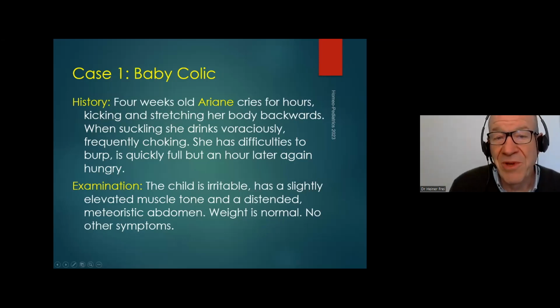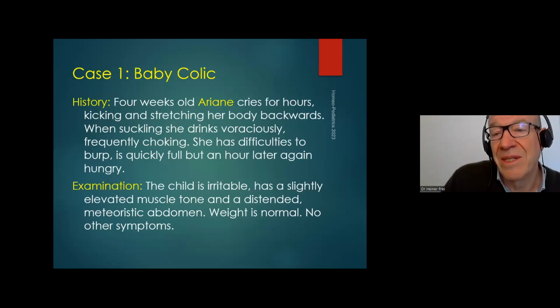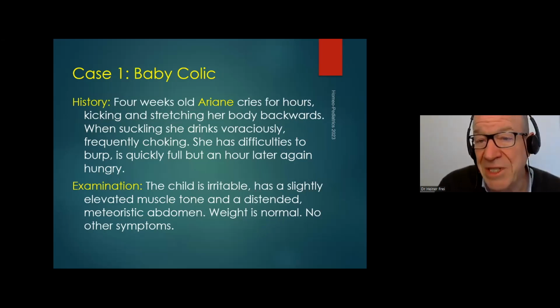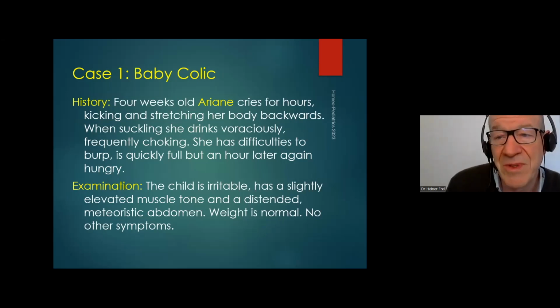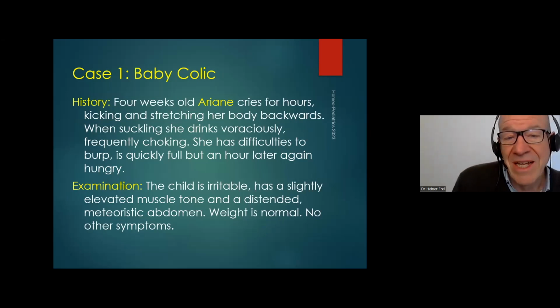We have a 4-week-old girl, Ariane, that cries for hours, kicking and stretching her body backwards. In the medical language, we call that opisthotonus. When suckling, she drinks voraciously, frequently choking. She has difficulties to burp, is quickly full, but an hour later again hungry.